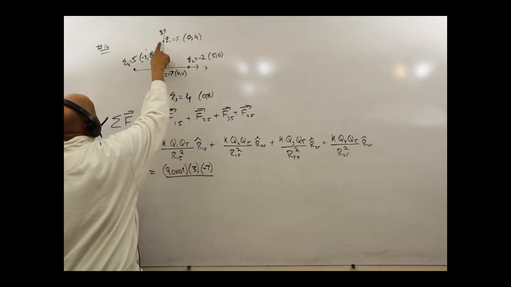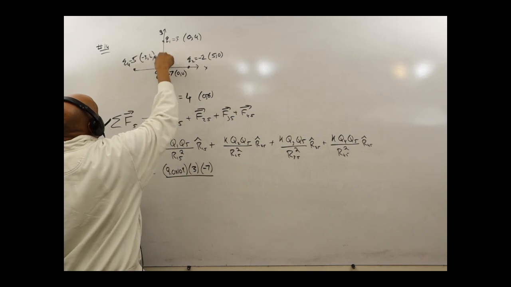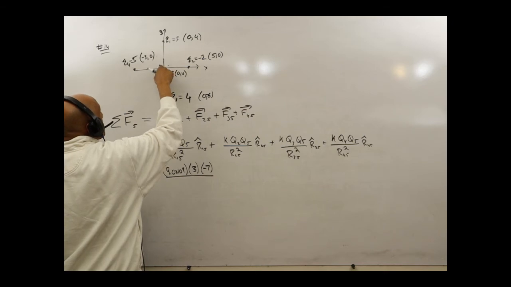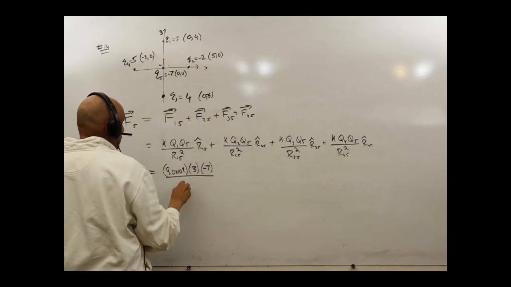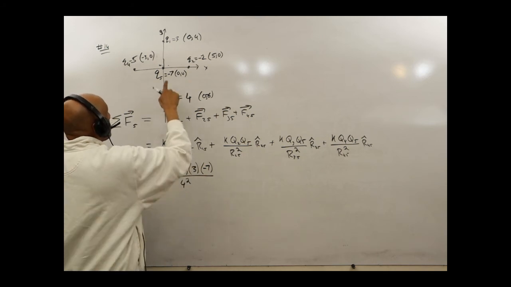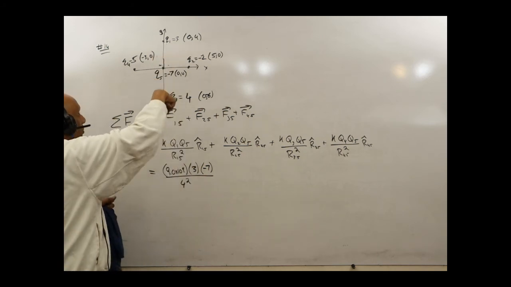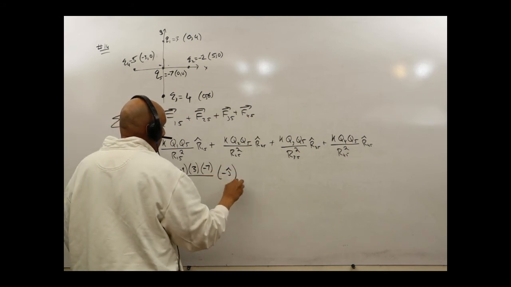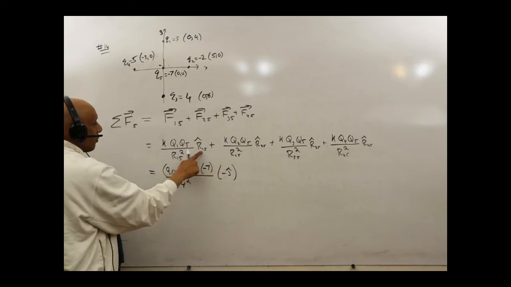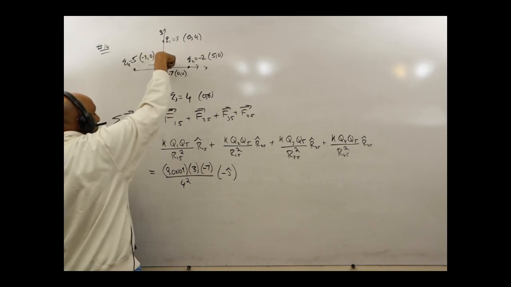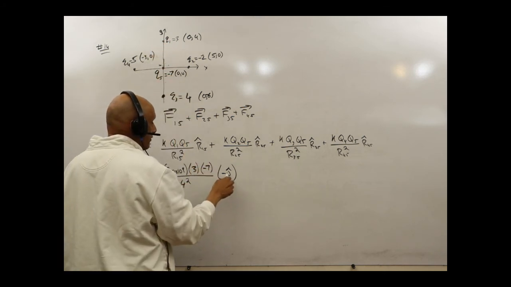The distance is along the axis, so it's just 4 units, so I can write 4 squared. And what's the direction from 1 to 5? It's pointing down, so it's -j.